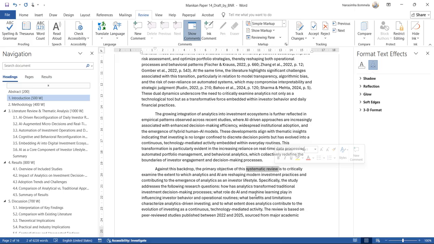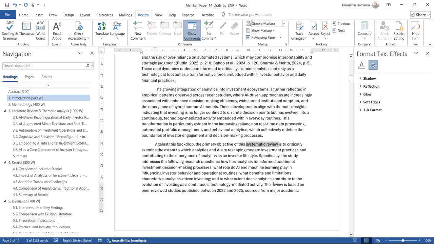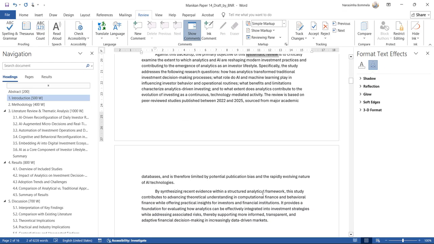So make sure you understand core concepts. If I say systematic review, that is systematic review only. You should know what should be changed and what should not be changed. Got my point? First, read it properly and understand the whole concept.